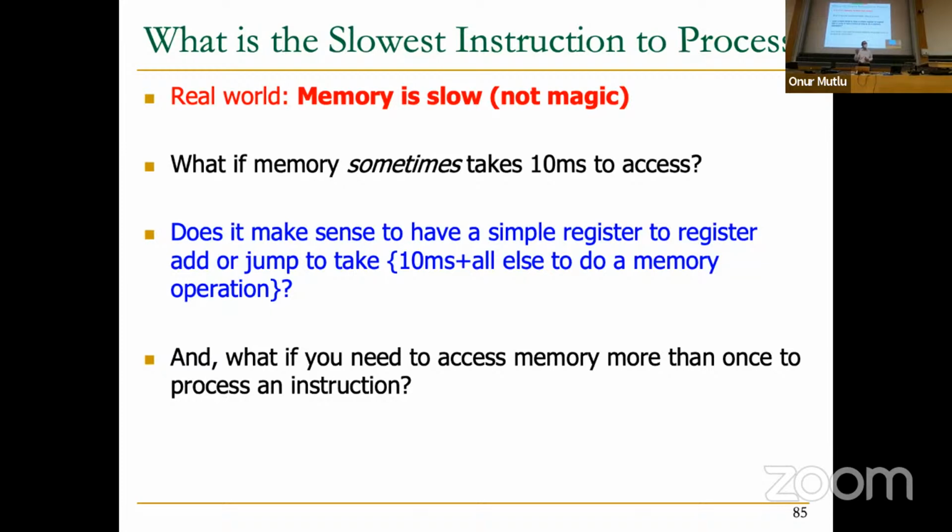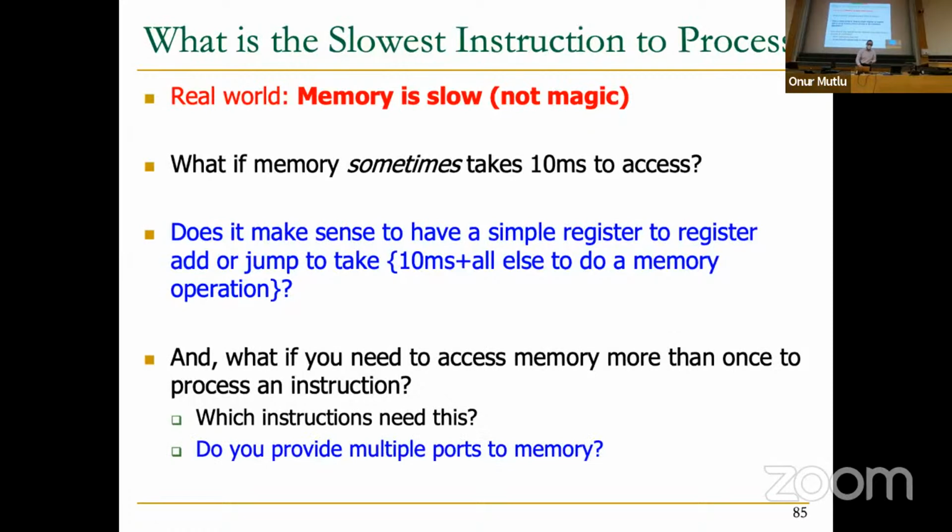And sometimes you actually need to access memory multiple times to process an instruction. Every instruction requires one memory access to fetch the instruction, but load word and store word require, in this particular case, two memory accesses: first to fetch the instruction, and then to fetch the data. That multiplies the amount of time that you need to wait for memory. Do you provide multiple ports to memory?